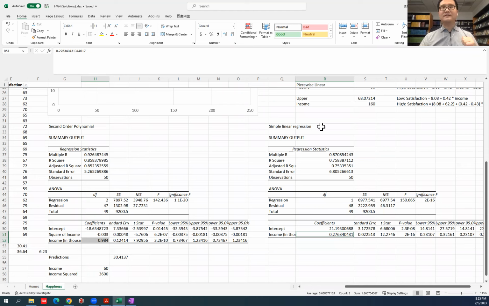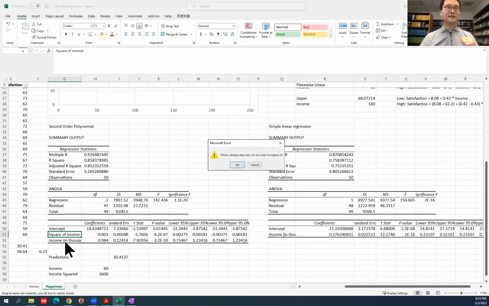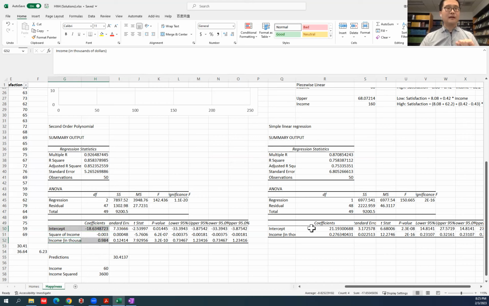That means when estimating a simple linear regression where the square of income is not in the model, it's not just that we remove this term but keep the estimated intercept and the income coefficient directly, because these coefficients will change after removing the predictor of the square of income.